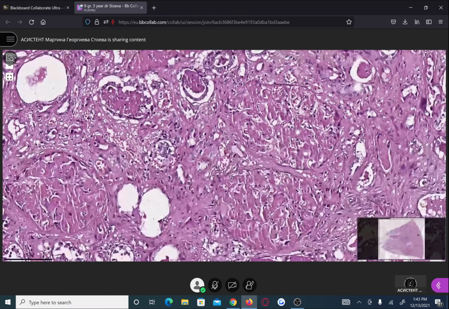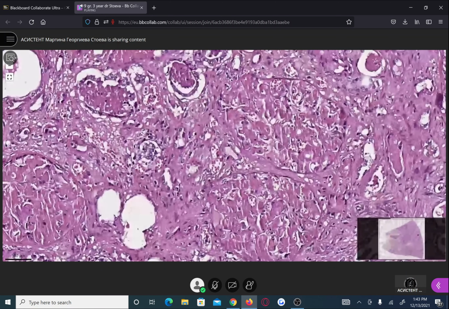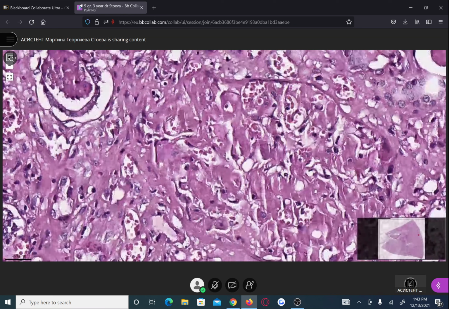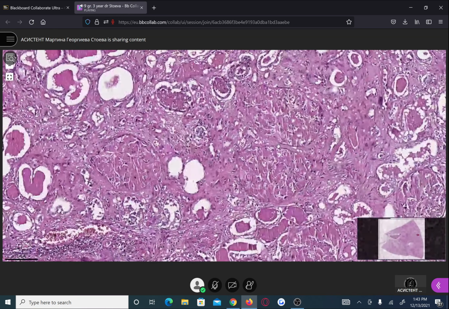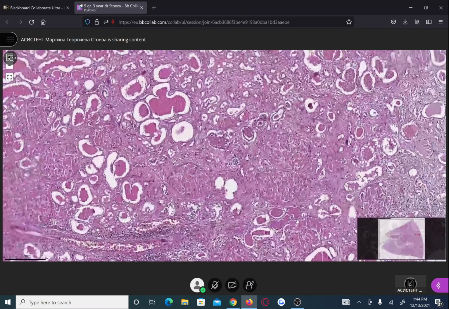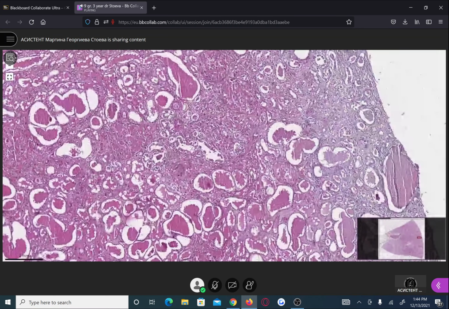The Bowman space looks obliterated because the glomerular tuft is enlarged due to the deposition of the homogeneous pinkish material in the interstitium between the capillaries. Exactly, this is the amyloid. Note that the size of the glomeruli here is enlarged compared to the previous slide in hyalinosis, where the size of the glomeruli is decreased compared to the normal ones.